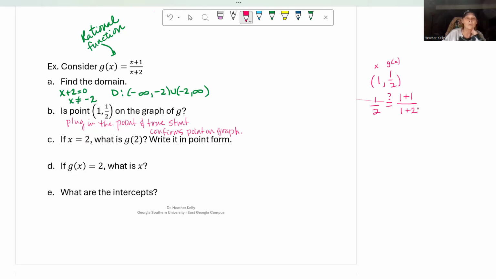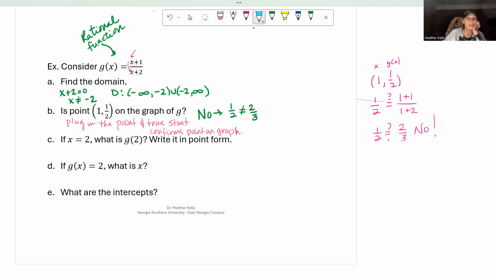Right, we just plugged in 1 here and here. So is 1/2 equal to 2/3? Nope. And so we would say here no. And we could say 1/2 is not equal to 2/3. If it asks for something, it's probably just a yes or no question.